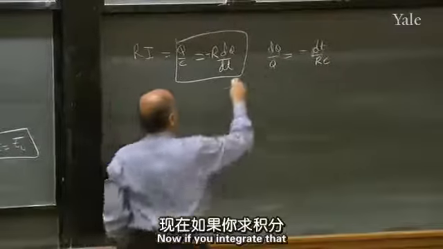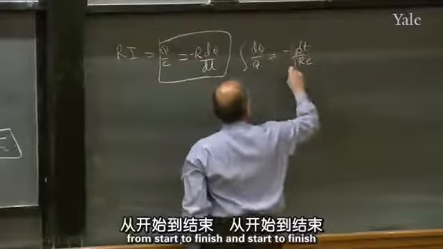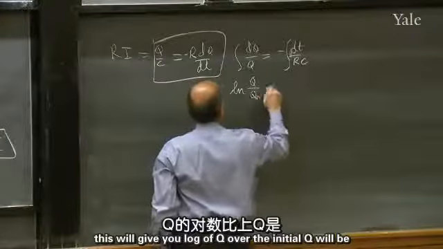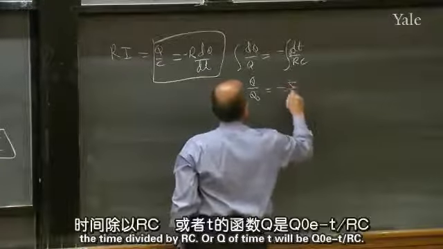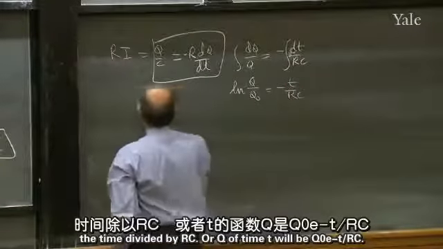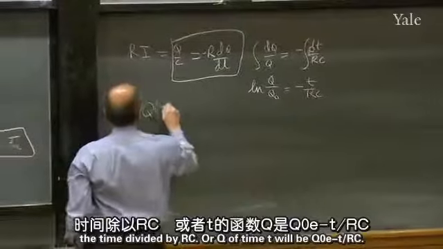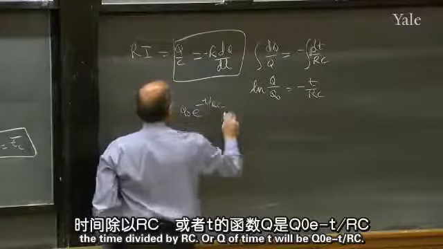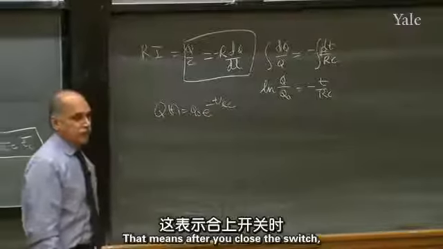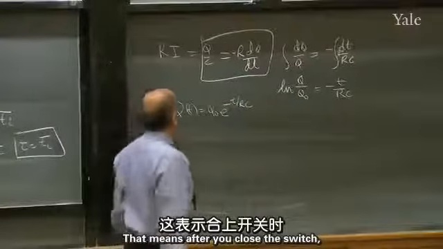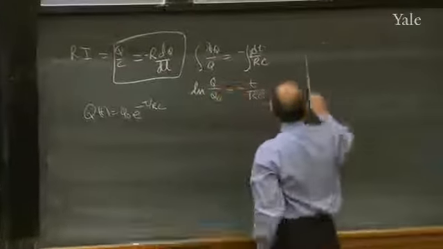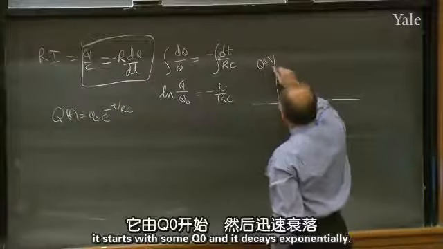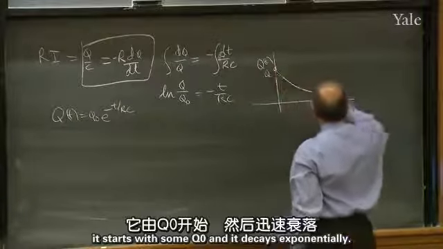Now if you integrate that from starting to finish, this will give you log of q over the initial q would be minus the time divided by RC, or q of time t will be q0 e to the minus t over RC. That means after you close the switch, if you measure the charge on the capacitor as a function of time, it starts with some q naught and it decays exponentially.